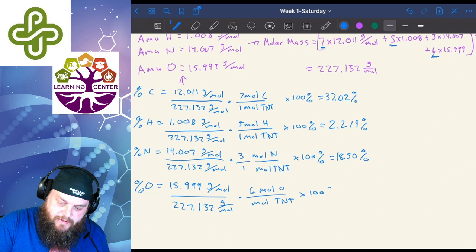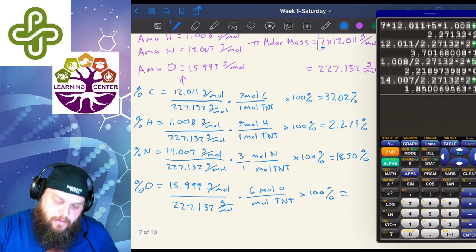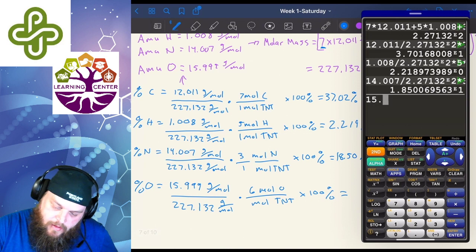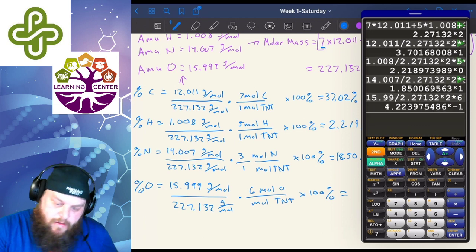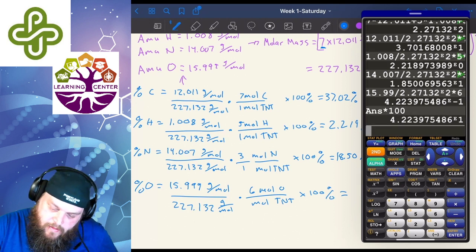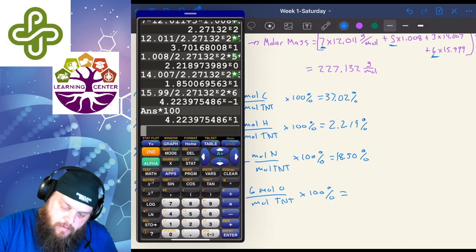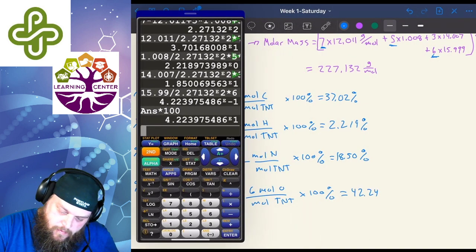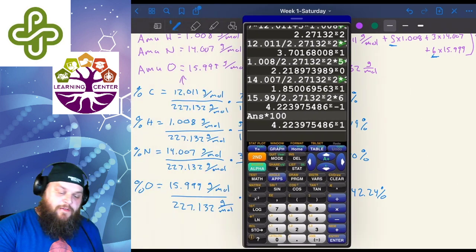Multiply by 100%, which just gives us a percentage instead of a decimal. 15.999 divided by that number times 6, and I forgot to multiply by 100 still, equals 42.24%. And there we have our percent compositions for each of them.